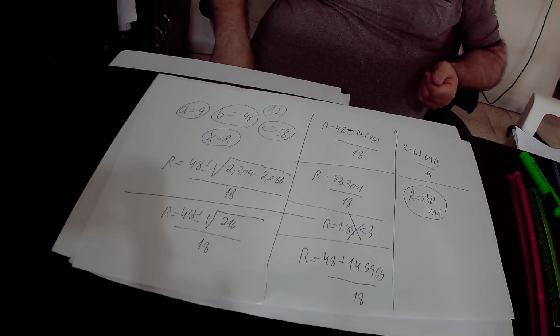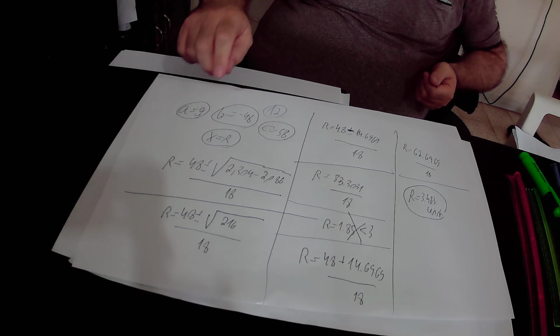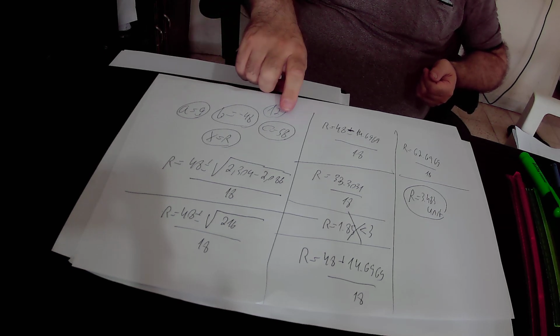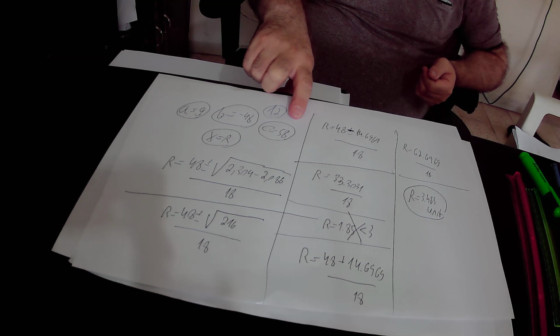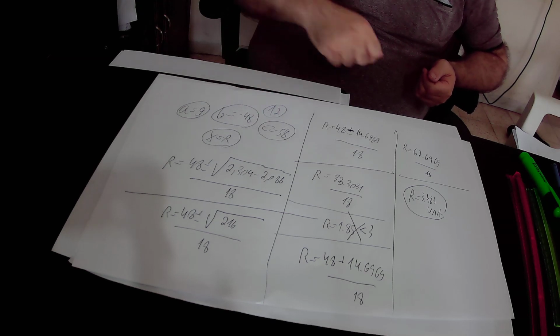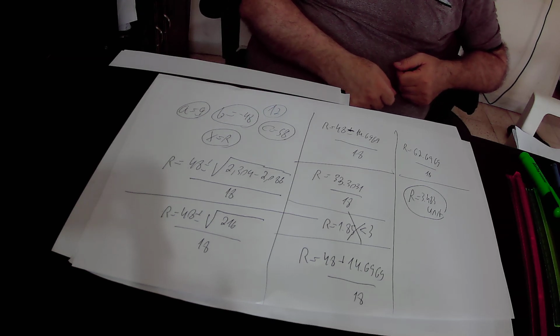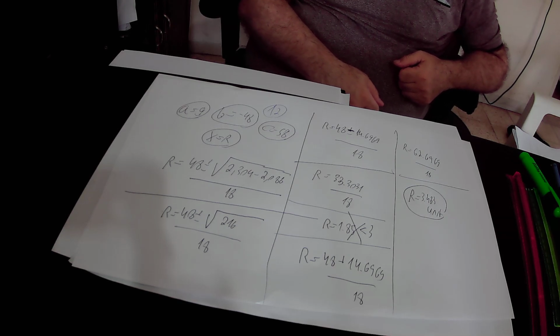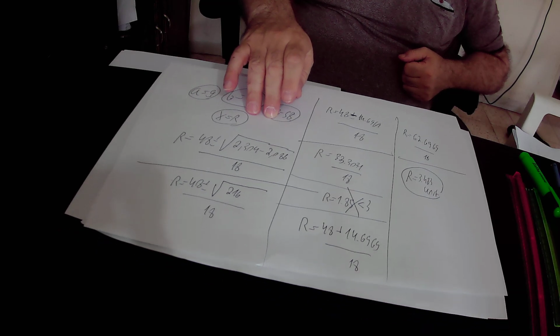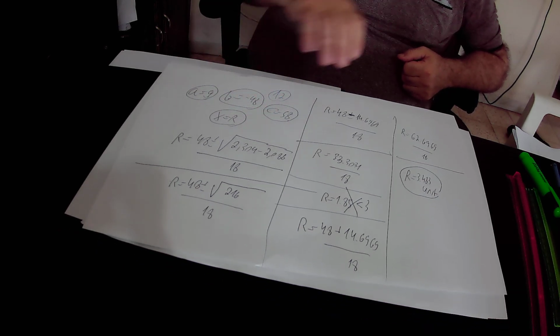Minus 4 times a, where a is 9, so minus 4 times 9 is minus 36, times c. c is 58, so minus 36 times 58 is minus 2088, over 2a. a is 9, so 2a is 18. So here we found that R equals 48 plus or minus the square root of 2304 minus 2088, which is 216. So inside the root we are left only with 216, over 18.